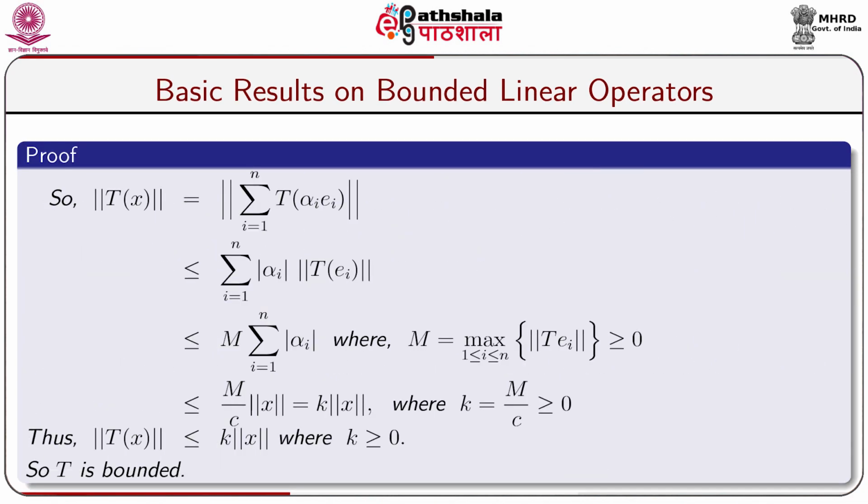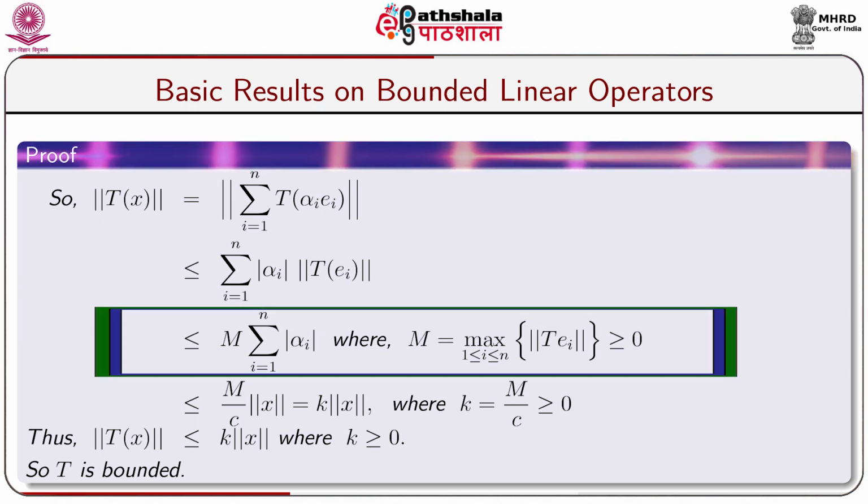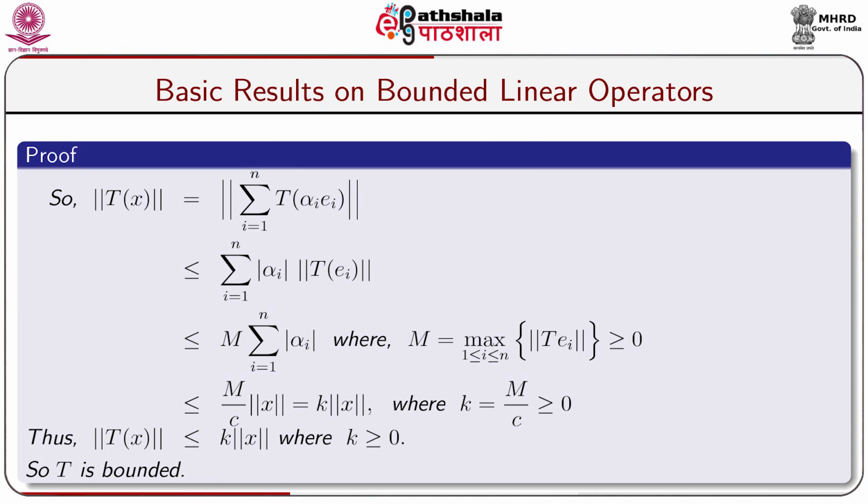So norm of Tx is equal to norm of sigma i equal to 1 to n alpha i T of Ei, which is less than or equal to sigma i equal to 1 to n modulus of alpha i into norm of T Ei, which is less than or equal to capital M into sigma i equal to 1 to n modulus of alpha i, where capital M is equal to the maximum over 1 less than or equal to i less than or equal to n of the collection of all such elements norm of T Ei, which is greater than or equal to 0.